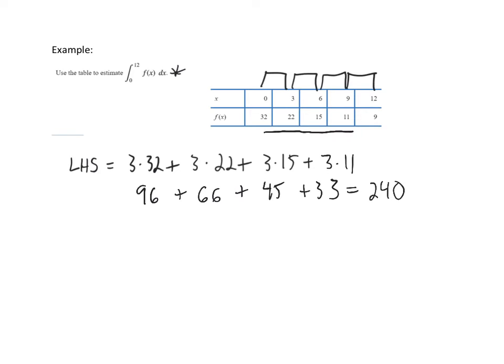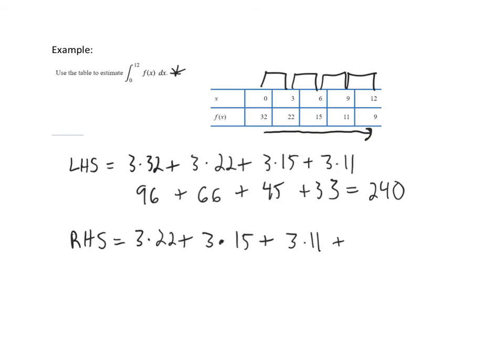And the reason I know it's an overestimate is because these numbers are decreasing. So let's try and compute the right-hand sum. Now from 0 to 3, for 3, I'm going to estimate the right-hand number is 22. From 3 to 6, for 3 times the right-hand number would be 15. From 6 to 9, for a distance of 3, using the right-hand number, 11.